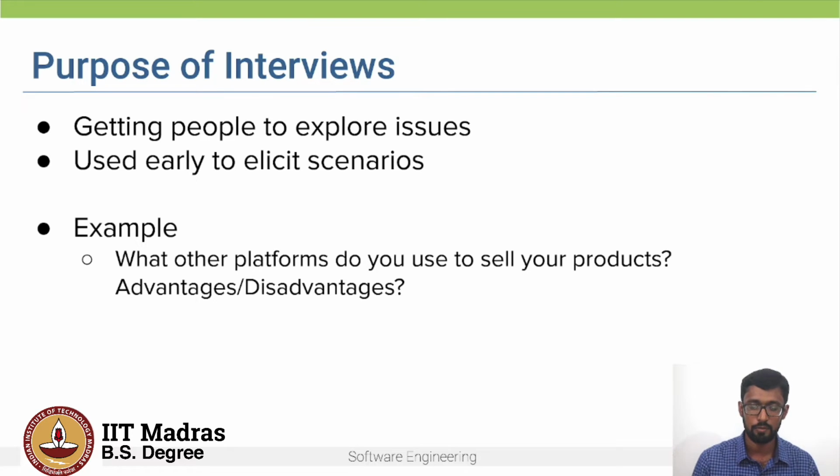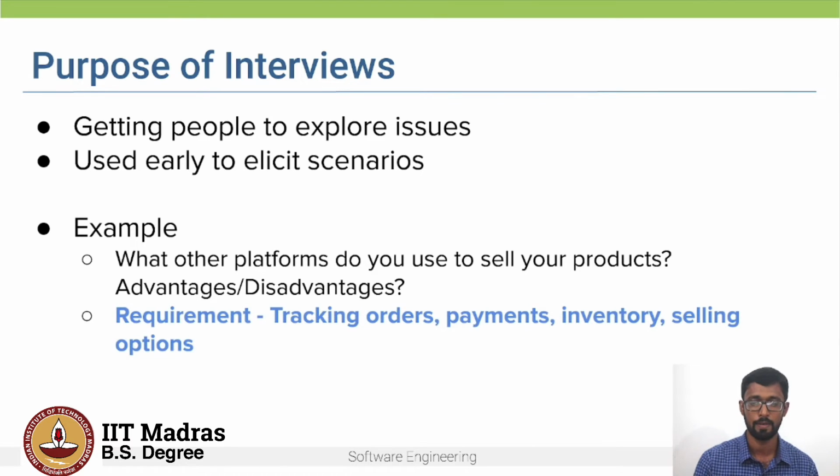And they might say, well, it's easy to get customers, but then tracking orders, tracking payments, tracking my inventory, what are different selling options, all of this is a huge overhead. So from these answers, we can elicit requirements which involve tracking orders, tracking payments and all of these things.